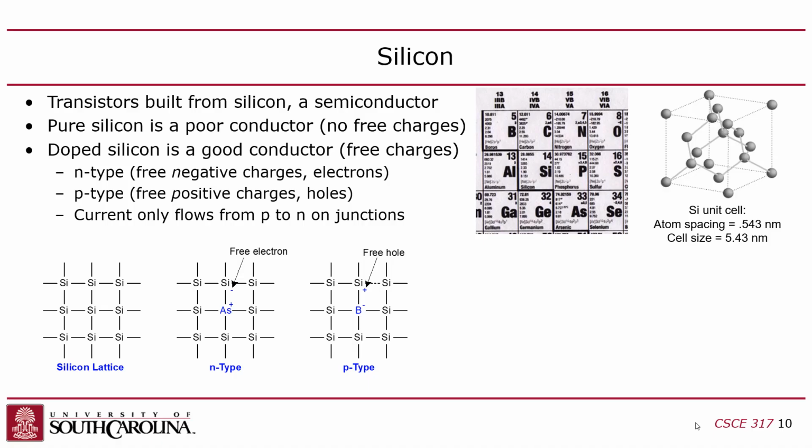Okay, so the next topic is semiconductors. Digital logic chips are made out of silicon. I'm sure you all know that. There are other technologies besides silicon: gallium nitride, gallium arsenide, silicon carbide.